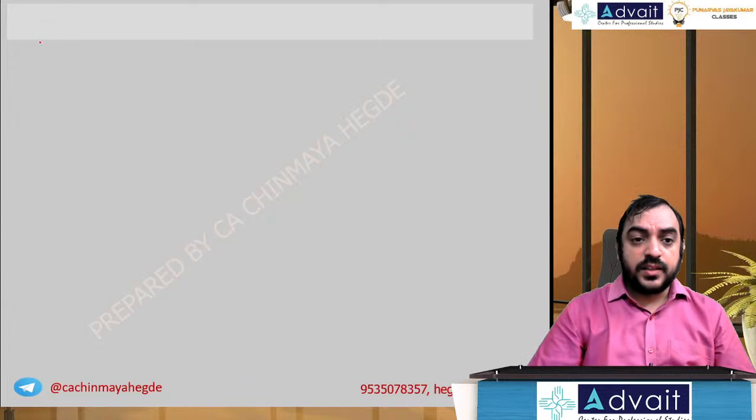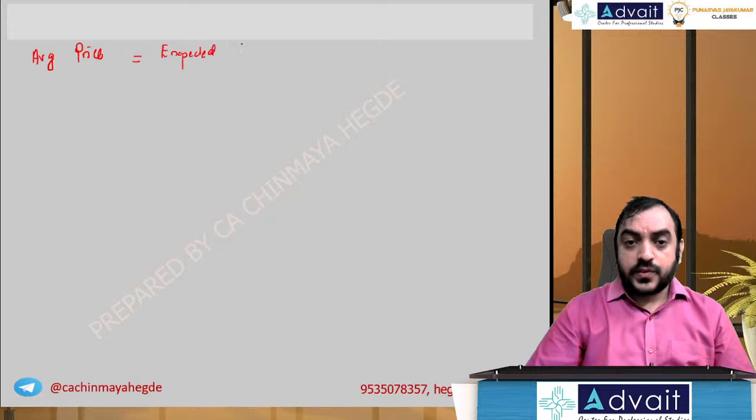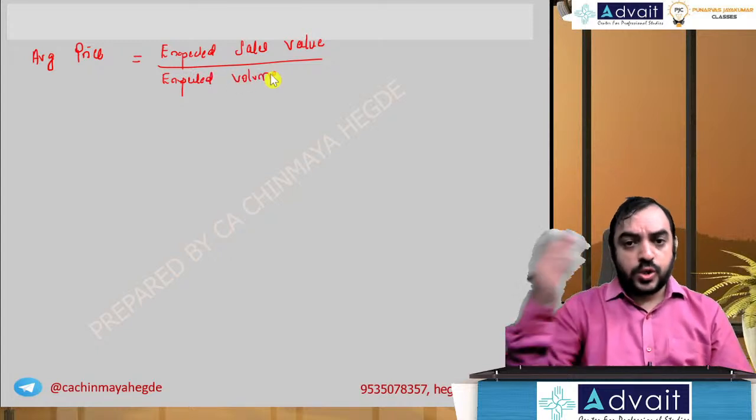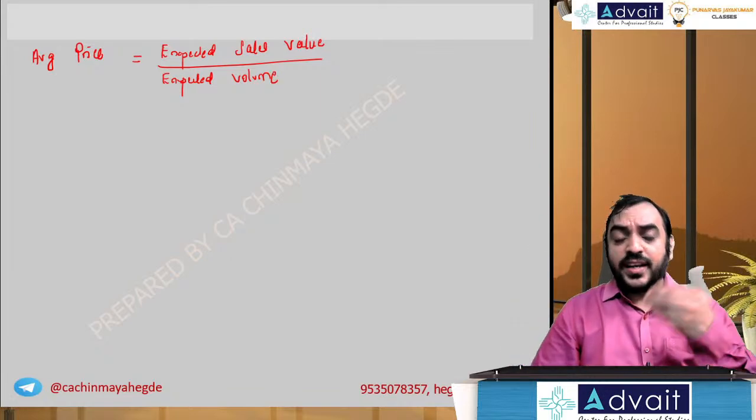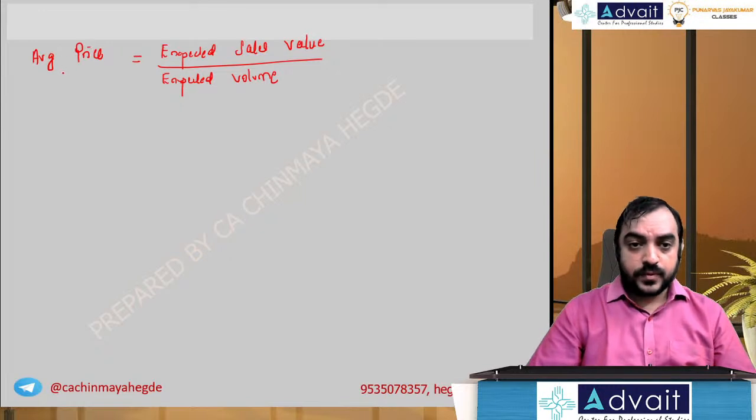So average price is going to be calculated like this: expected total sales value divided by expected volume. That is what you are going to get.